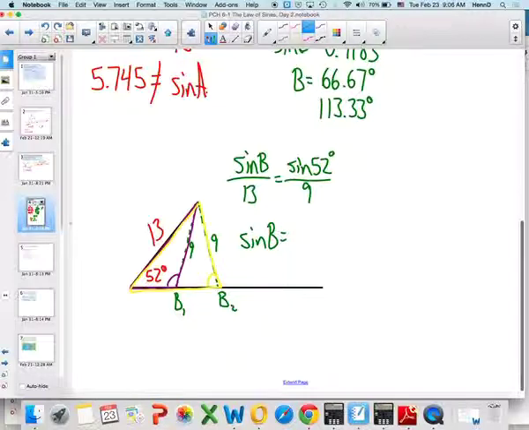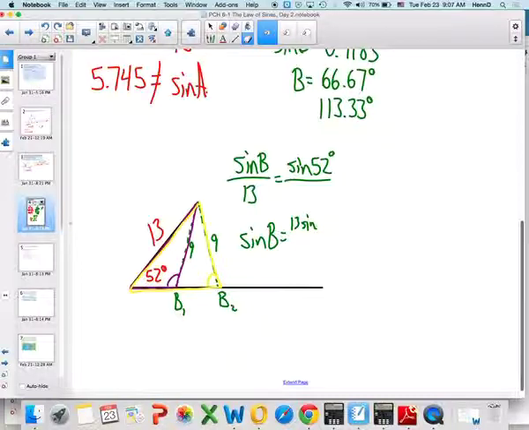Okay, so what's 13 times the sine of 52 divided by 9? 1.138. Hang on, what's 13 times the sine of 52? Can someone tell me that? 10.244.